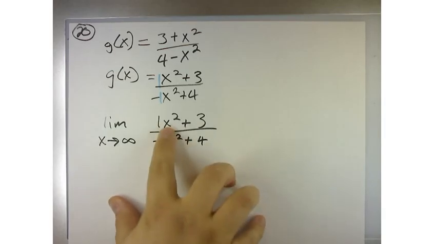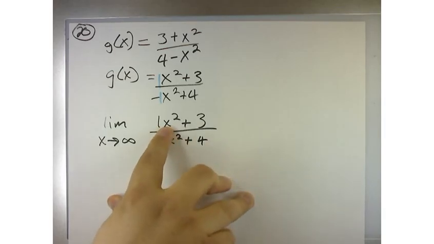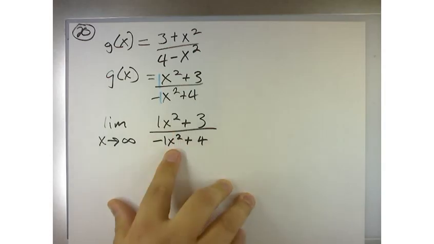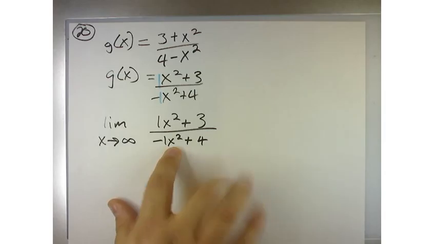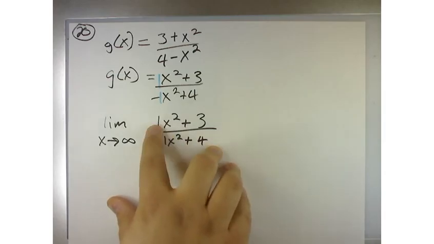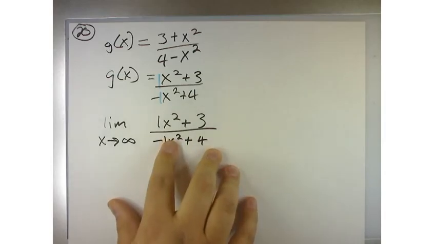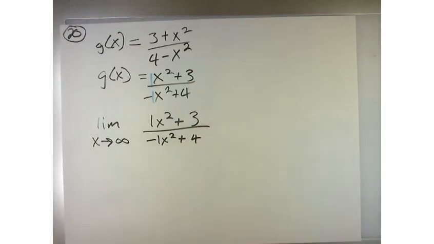If I plug in 10,000 for x on the top and 10,000 for x on the bottom, I'm going to get 10,000 squared times 1 and 10,000 squared times negative 1 on the bottom. And the 3 and 4, let's just say they're so small it doesn't have that much of an impact on the value. So what would that be?